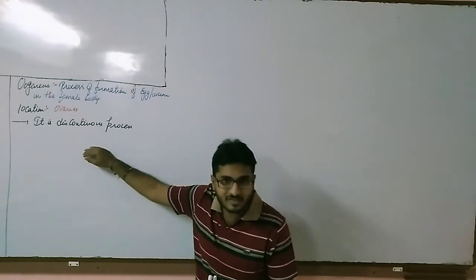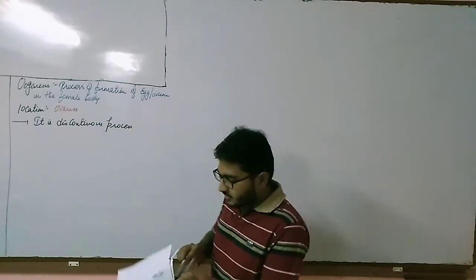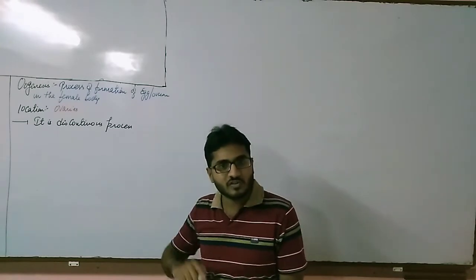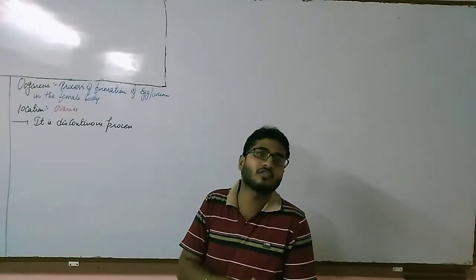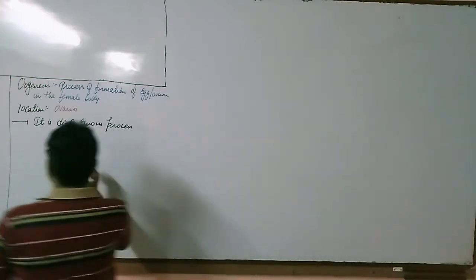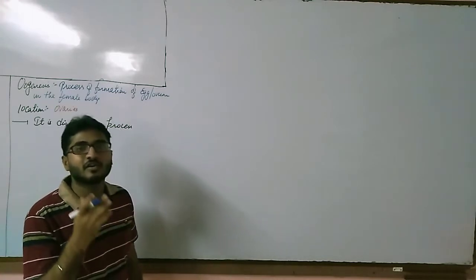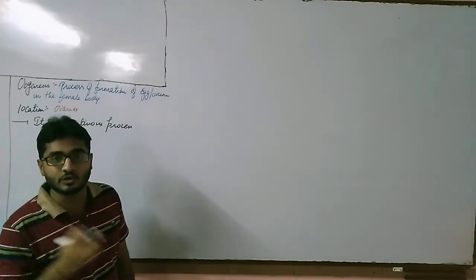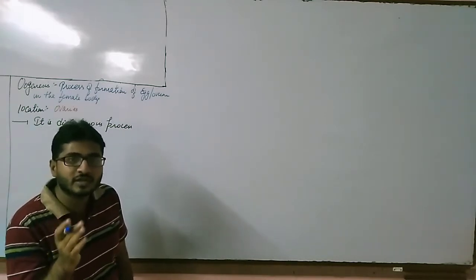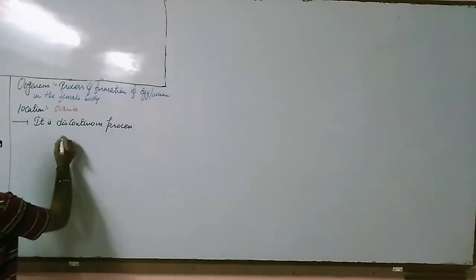Now when I am saying it is a discontinuous process, what is the meaning of discontinuous process? It means this process is not a complete process, right? There are various stages of this process. Oogenesis starts when the female embryo, the female child, is within the womb or uterus of the mother's body.